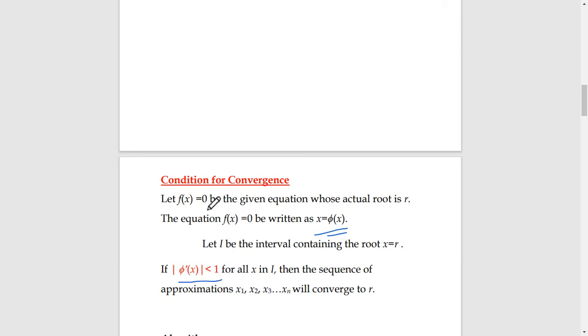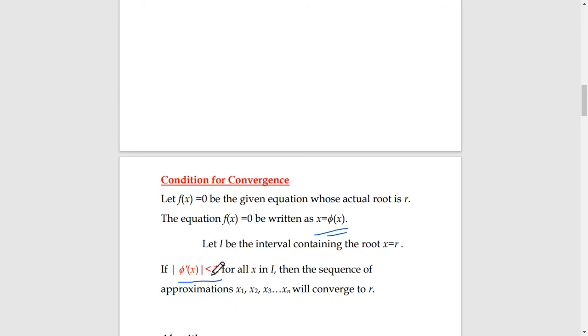Let f of x equal to 0 be the given equation whose actual root is r. The equation f of x equal to 0 can be written as x equal to phi of x. Now let I be the interval containing the root x equal to r.